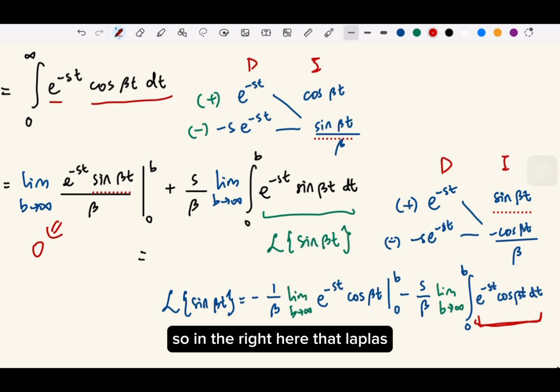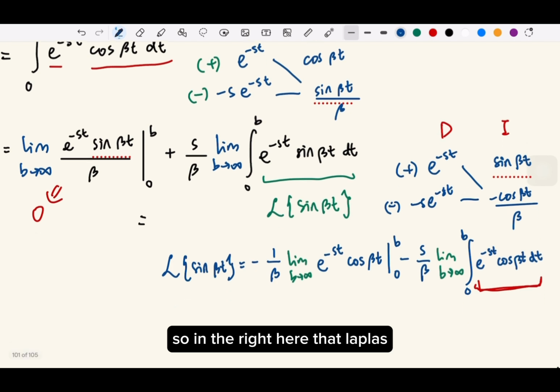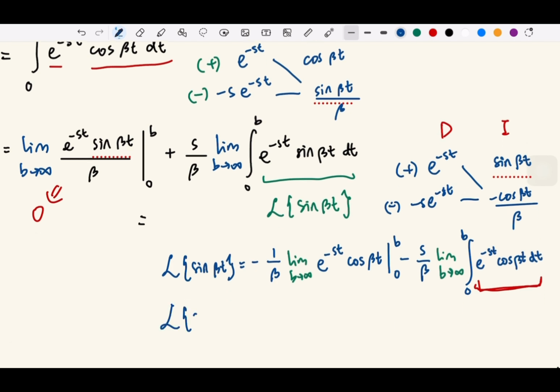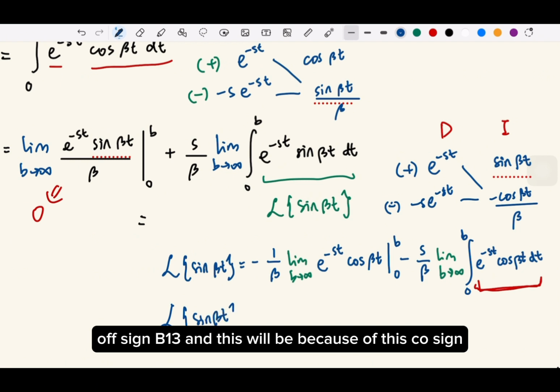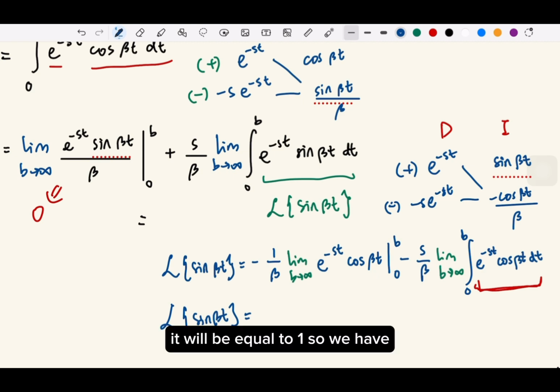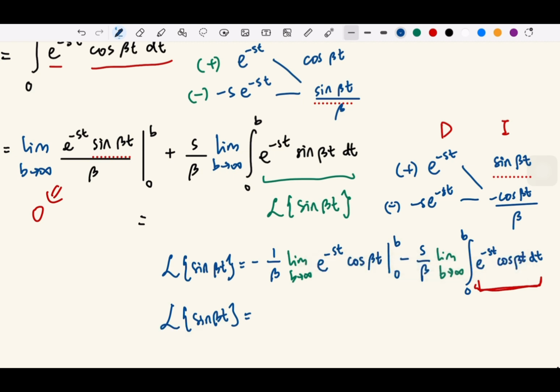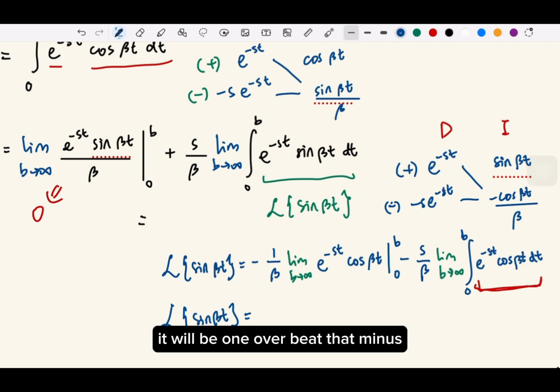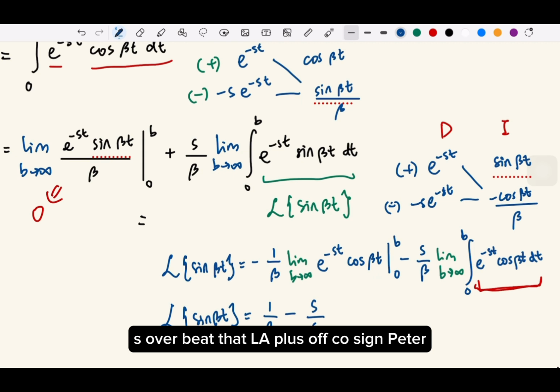So let me write here the Laplace of sine beta t, and because of this cosine, it will be equal to 1. Then multiply with negative 1, it will be 1 over beta minus s over beta Laplace of cosine beta t.